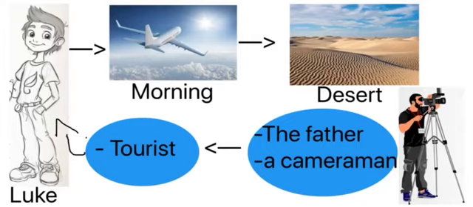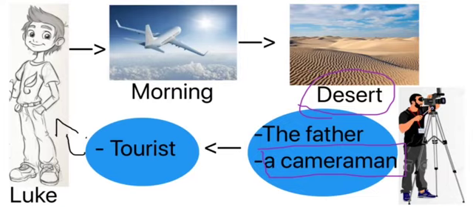In the morning, Luke has decided to travel. Where? From London to a country that is full of deserts. Why did he choose this country? Because his father is working in that country. What does he do? He's a cameraman.